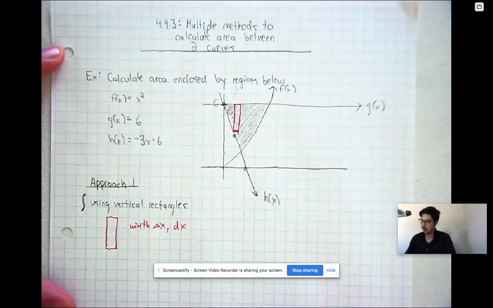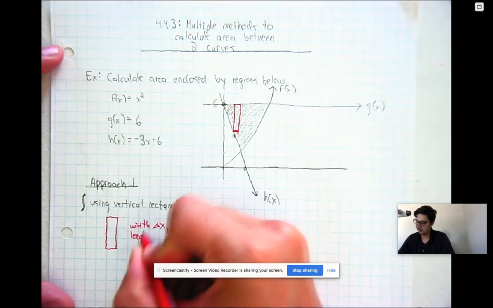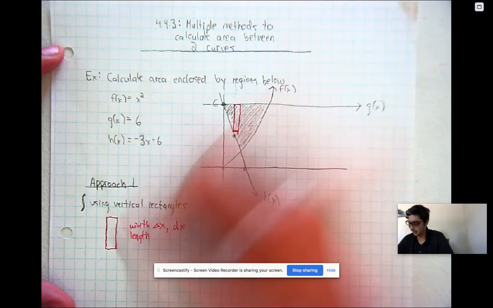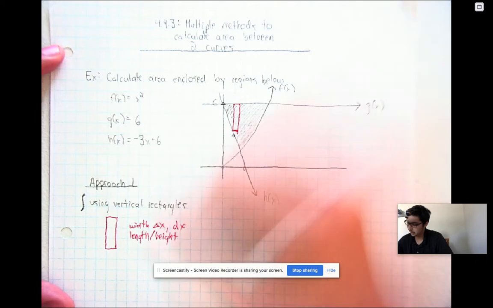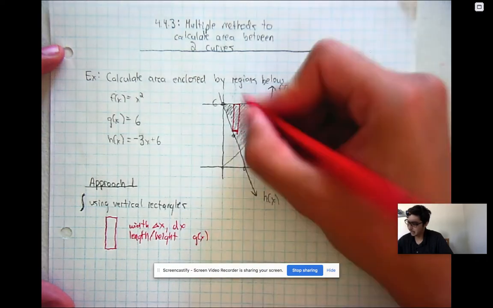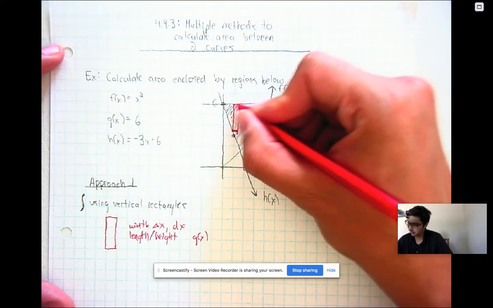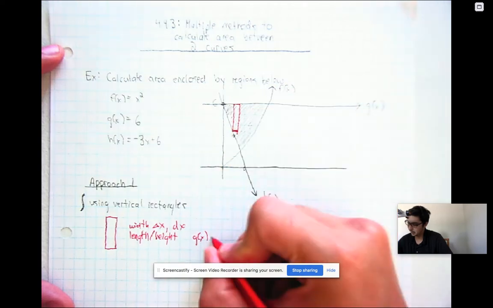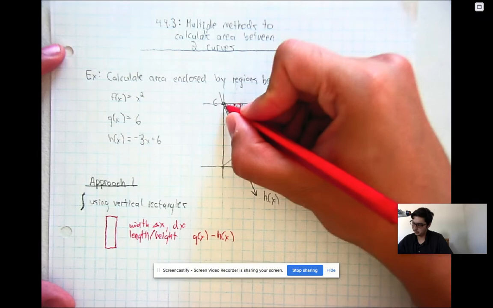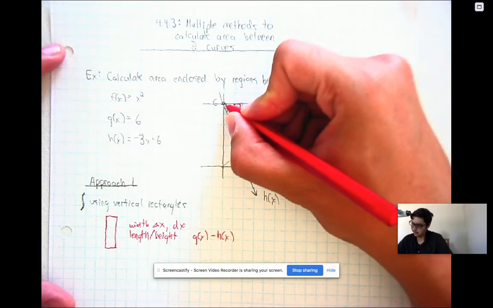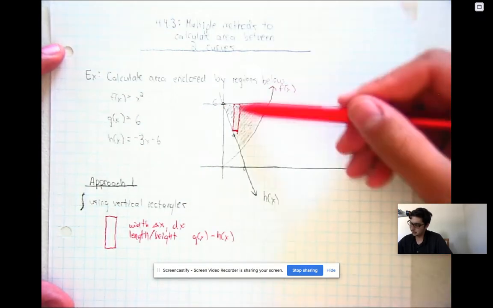And the length, or the height, of this rectangle will be the function g of x, because that's the upper function, minus its lower function, which is h of x. But notice if we kept doing these vertical rectangles, infinitely many of them, we have g of x minus h of x.